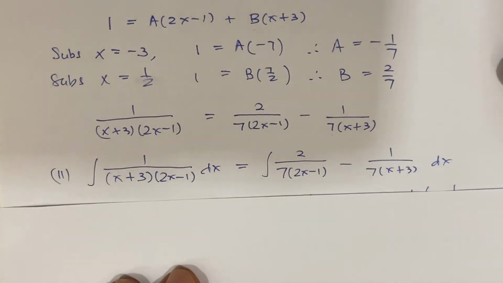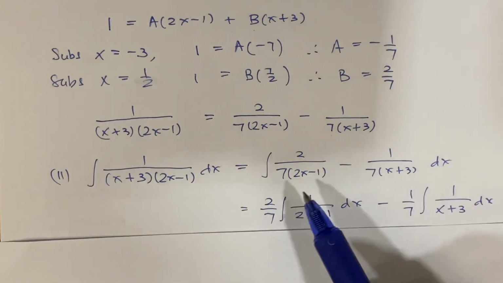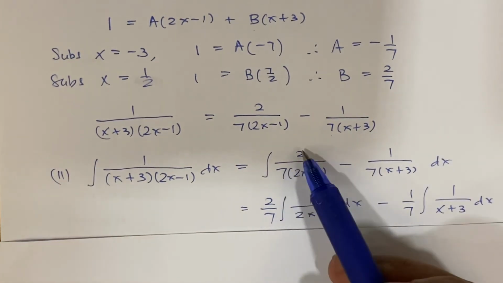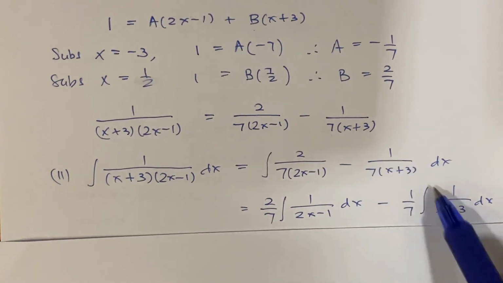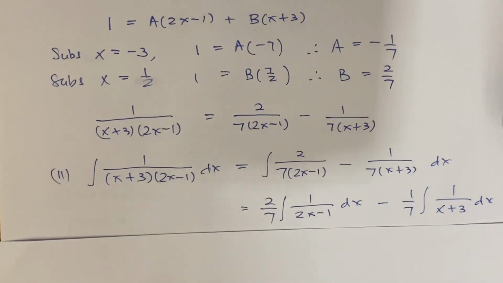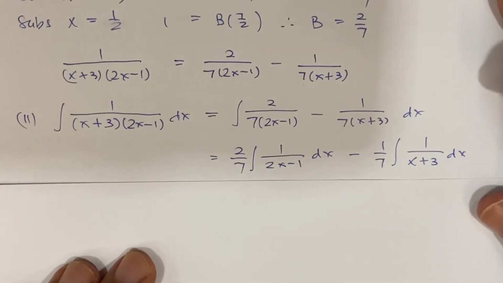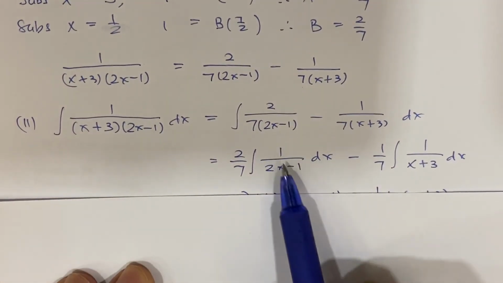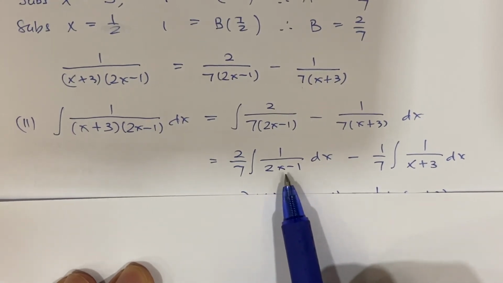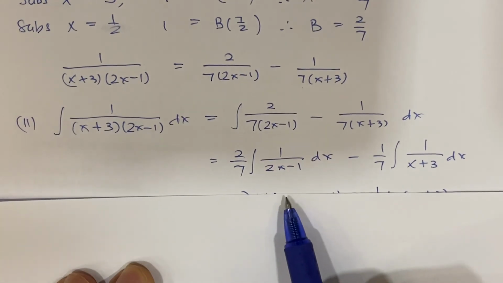So then we are going to take out 2/7, which is actually a constant, and -1/7 is also a constant. Now once we integrate, this is 1/(2x minus 1). So this is a reciprocal function. When you integrate this, you're going to get ln.